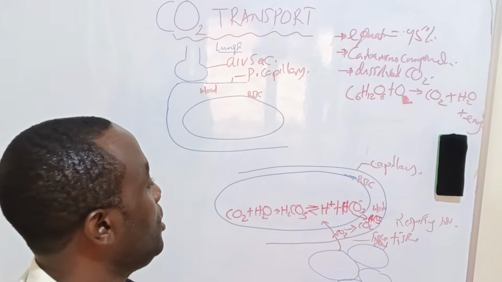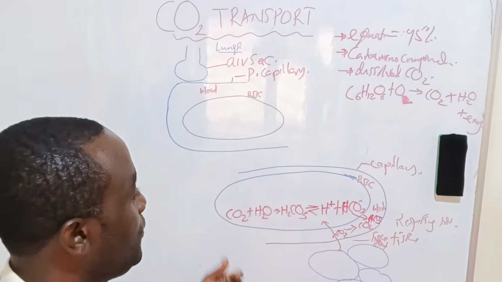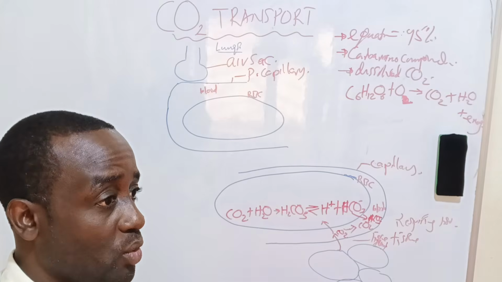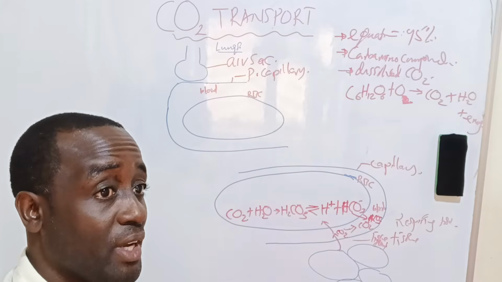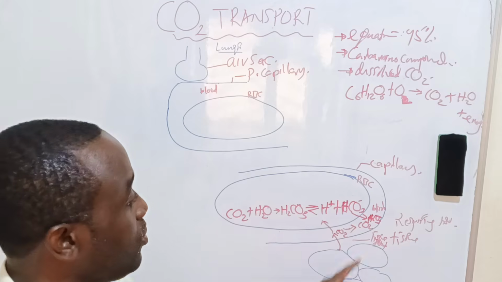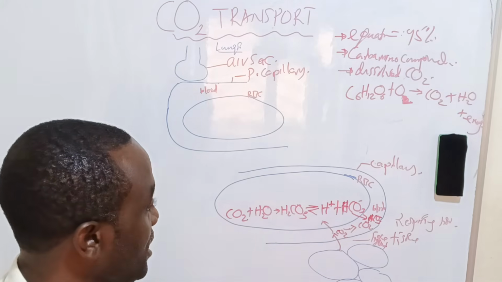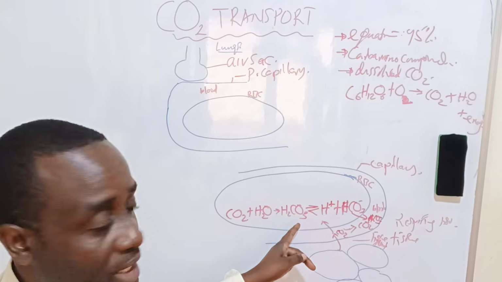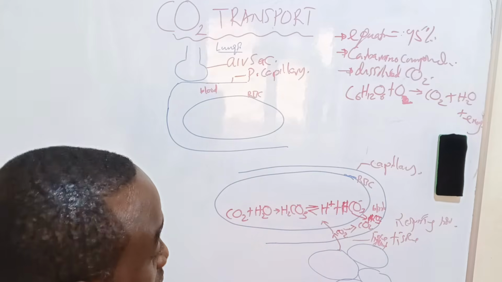As you know, by Le Chatelier's principle, which states that if a system is already at dynamic equilibrium and is subject to external constraints, the system adjusts itself in such a way that it tries to nullify the effect of the constraint added. Removing the bicarbonate to go to the blood plasma means you're creating a void which has to be filled by further dissociation of this acid to give more protons and more bicarbonates.